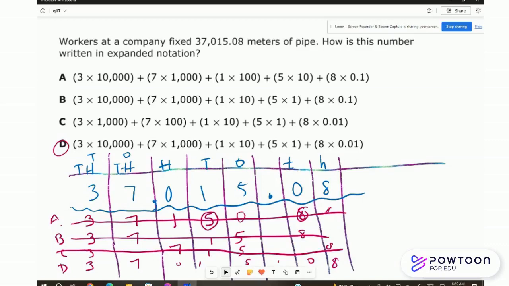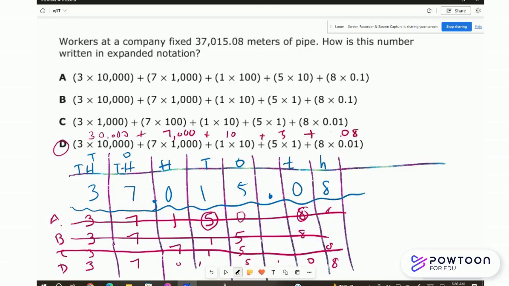The biggest thing we remember is we always write our place value chart. And it is very similar to expanded form if they need to use that for a connection, because 3 times 10,000 is 30,000, plus 7 times 1,000 is 7,000. 1 times 10 is 10. 5 times 1 is 5. 8 times 1/100 is 8 hundredths.